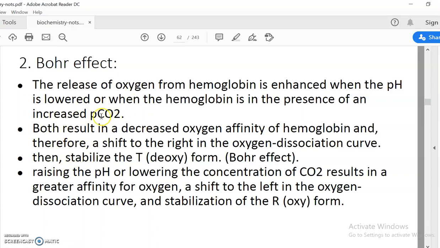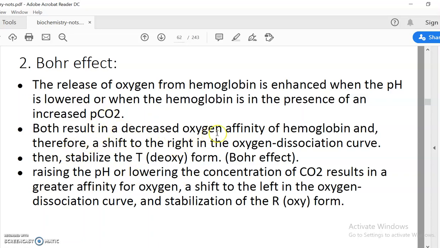Also at high concentration of CO2 the ability of hemoglobin to bind with oxygen is also very low.